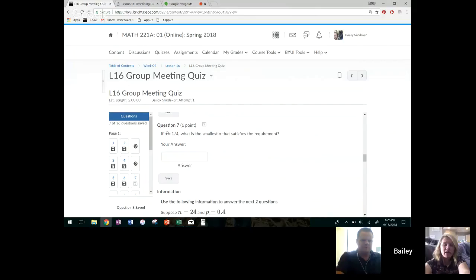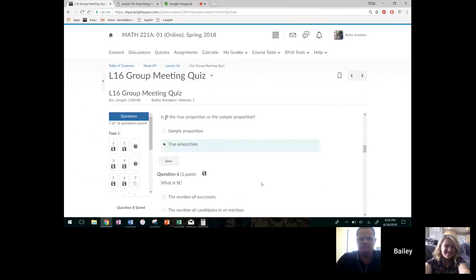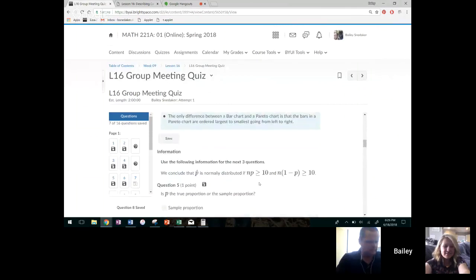No, it's based just on N, that formula right before 5: NP is greater than or equal to 10, and N times 1 minus P is greater than or equal to 10, and 40 makes sense.